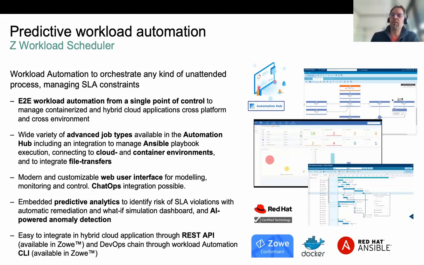There's a large variety of different job types available through the automation hub. For example, there's an Ansible integration, but also many other cloud and container integrations, and a Kubernetes integration, which is new, that I'm going to talk a little bit more about coming up.